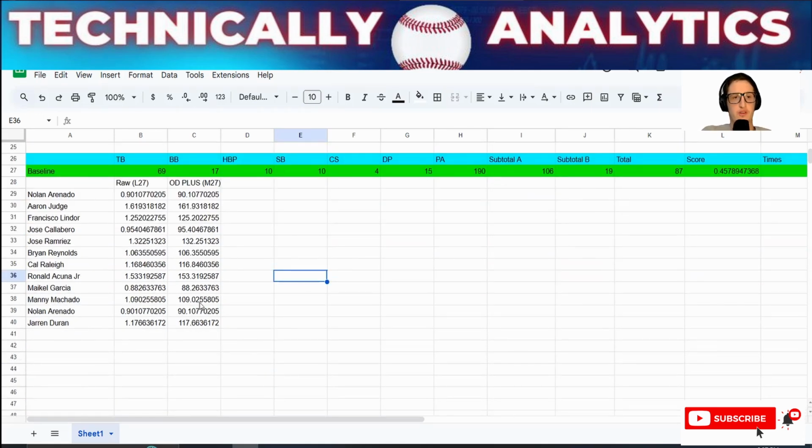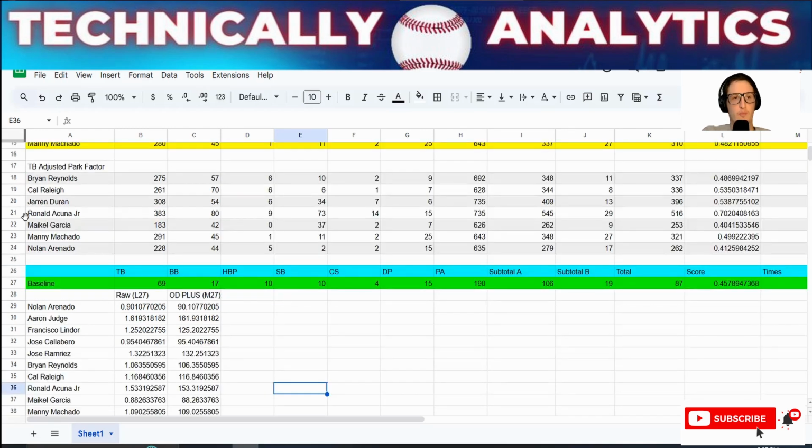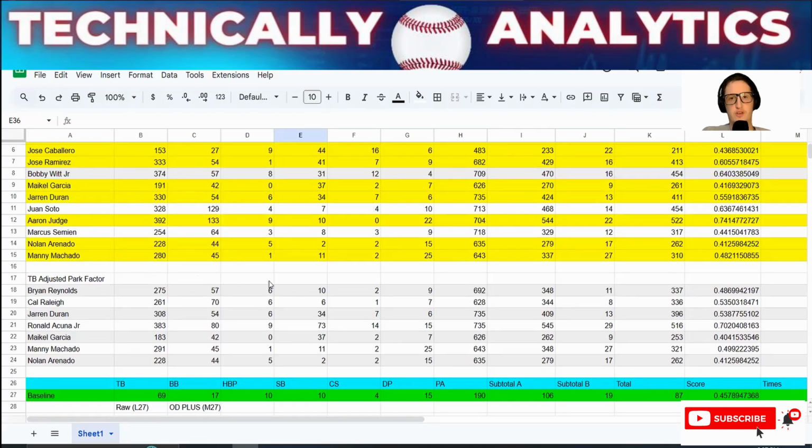But they're very similar players in terms of offensive disruptors. And then I looked at Manny Machado, for example, and I was saying in the last video how his number was very low because of the high amount of double plays and low-ish plate appearances.